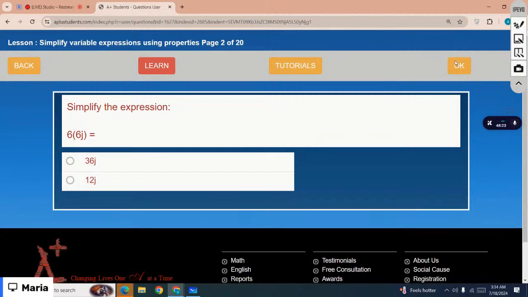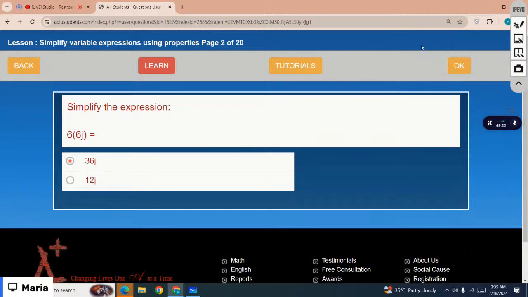Simplify the expression 6 times 6j, which is the correct option. That is 36j.